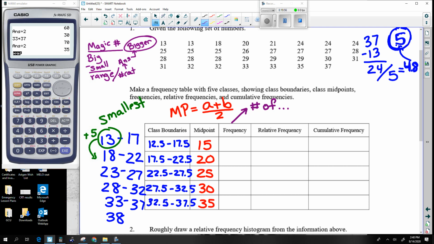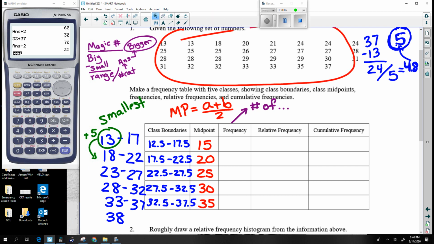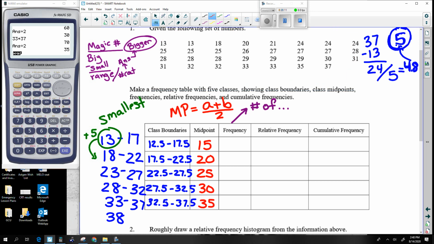And I'm not saying 13 to 17, that's 5 numbers. What I'm saying is, of our top number list, how many numbers are physically there that are 13 to 17. And so this is just counting. So 13 to 17 would be those two numbers right there. So the frequency would be 2.